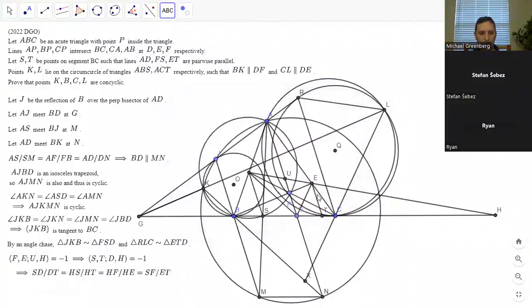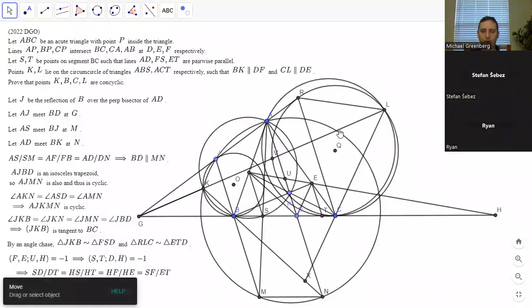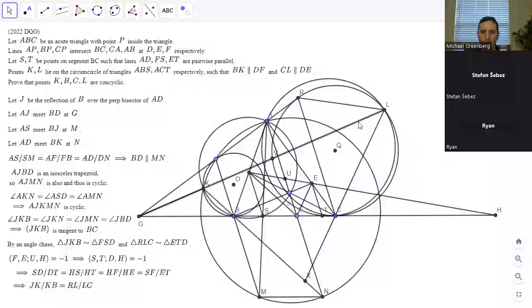Well, I guess I could do it like this. That would be the same as RV over VC. Well, but we don't know that. I guess I could just define V this way.